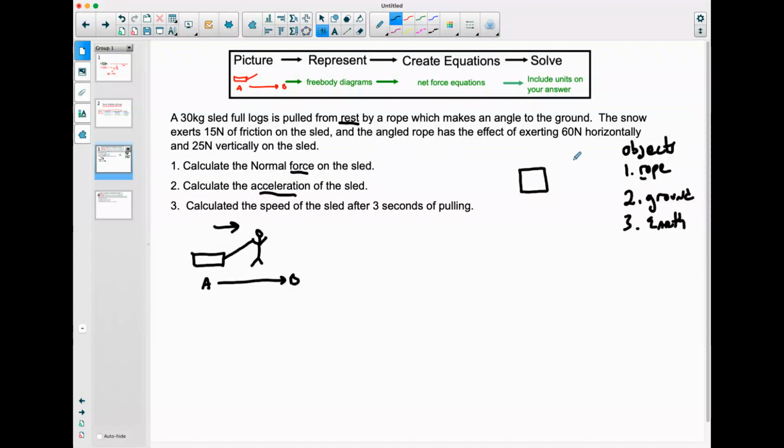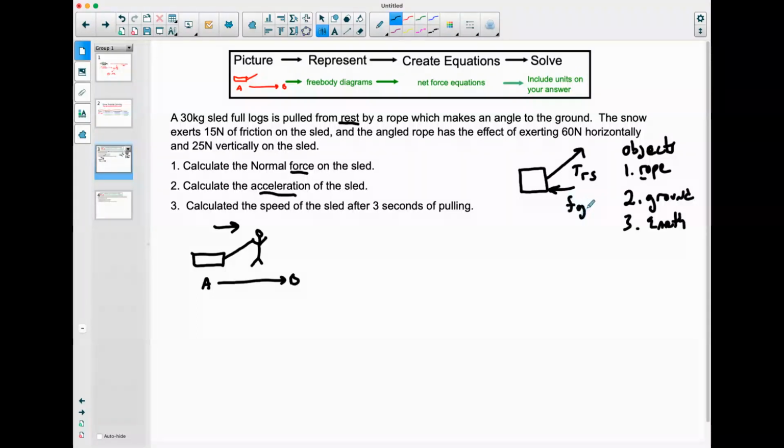So first interaction I notice is that there's a rope pulling up at an angle. That's going to be something like that. Let's call that tension, rope on sled. And then there's some friction, which I'm going to put right here.